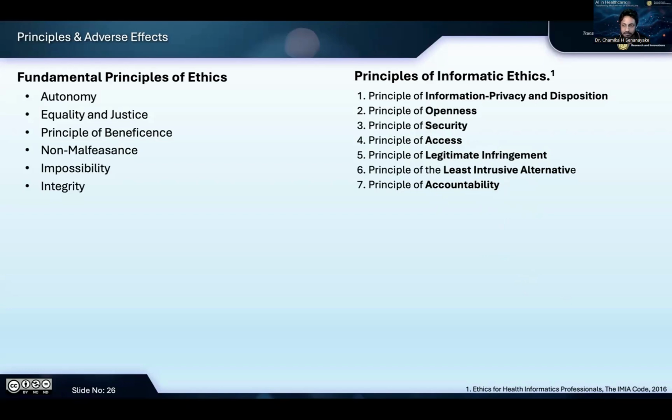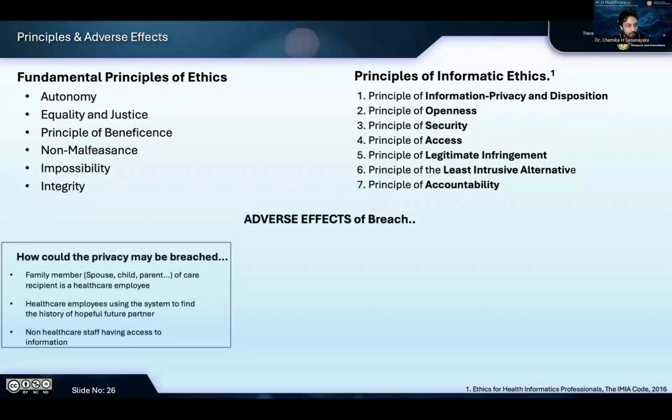So what happens if there is an ethical breach? What are the adverse effects of a breach of ethics? Ethics can be breached in many ways. One of the popular ones is by our family members, probably a spouse or child, or relatives who are healthcare employees in the same place.